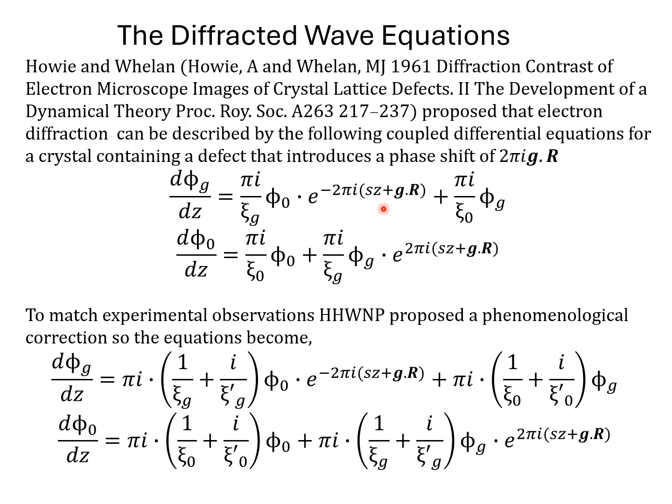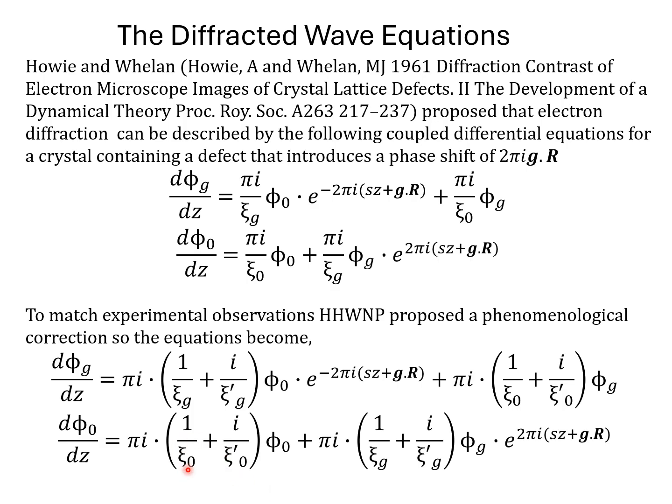So it didn't match observations, and it didn't lend itself to easy solutions. And what they found was that they could get agreement with the observations by applying a modification to this, and this is the modification that they applied.